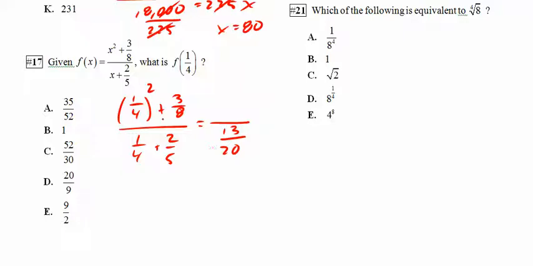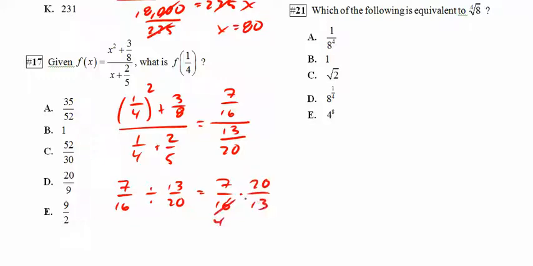On top we get 1/16 plus 6/16, 7/16. 7/16 divided by 13/20 is 7/16 times 20/13, 4, 5, 35/13. Looks like I messed up somewhere. Oh, 4 times 13, 52.